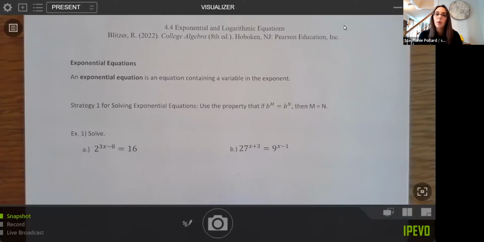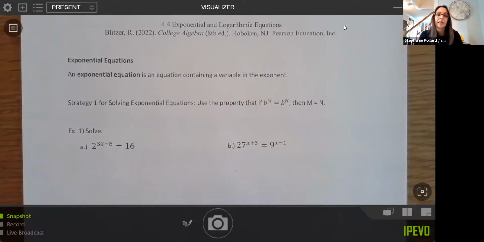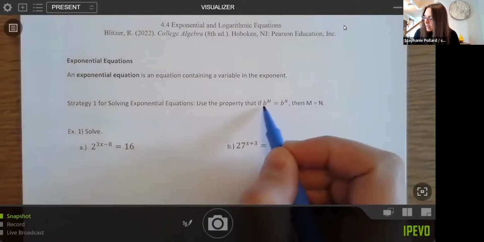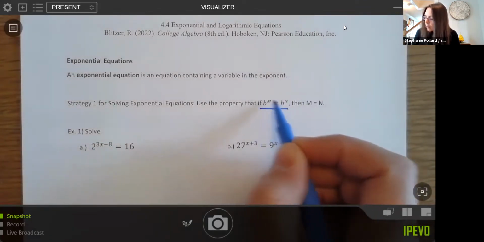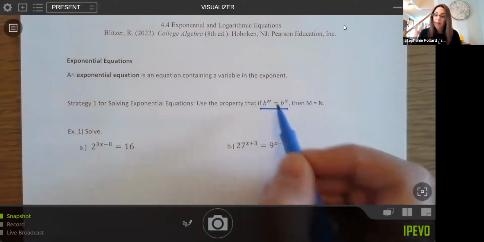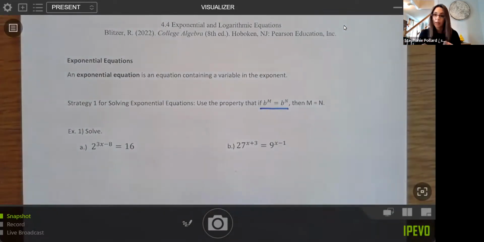An exponential equation is an equation that contains a variable in the exponent. You have some examples here on the page, and notice that your x is in the exponent now. There are different strategies for solving these problems, and one strategy uses this property: if you have the same base raised to powers, then you can get rid of the base, and those powers must also be equal.